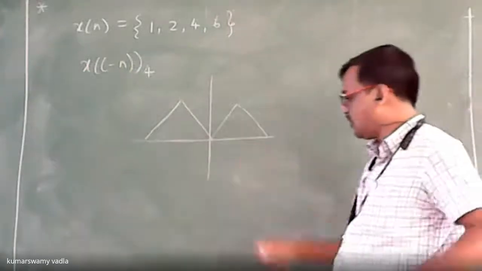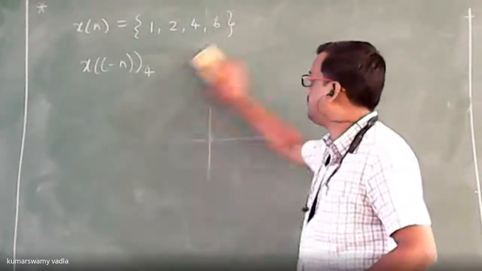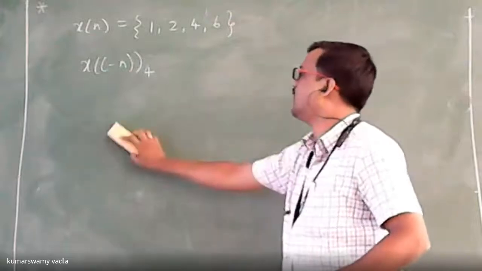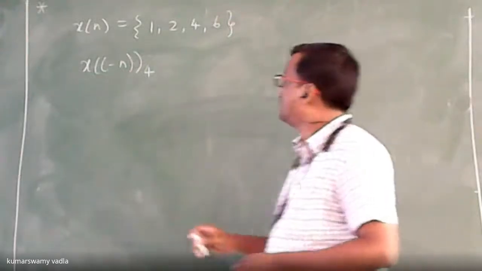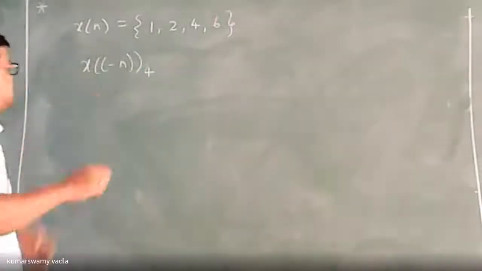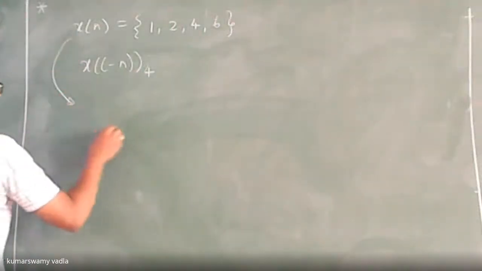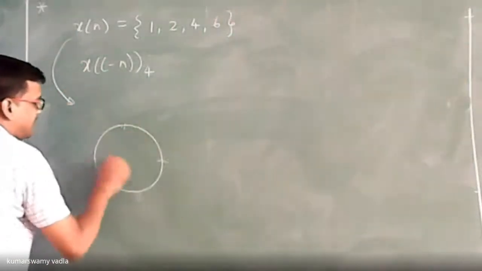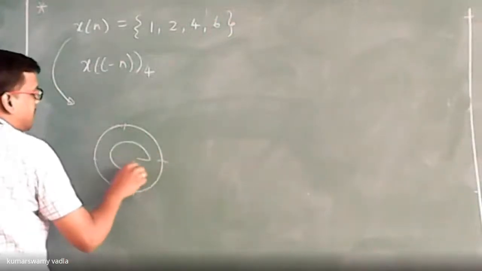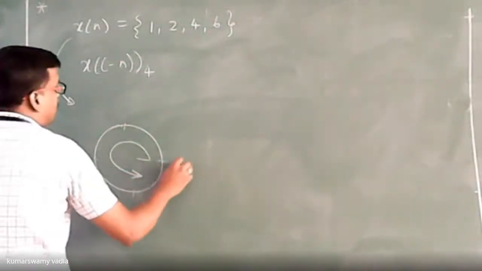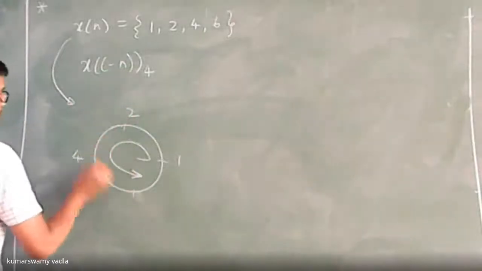Similarly, in a circular manner, how can I replicate this? First, write down the question, representing a circle with anti-clockwise direction from the middle, that is 1, 2, 4, 6.